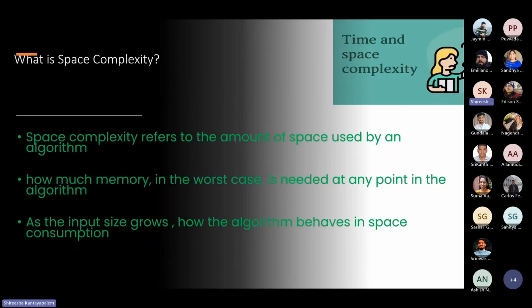Next comes the space complexity. As you know, space complexity refers to the amount of space used by the algorithm. So whenever you are writing code, always think that space should be utilized minimum.